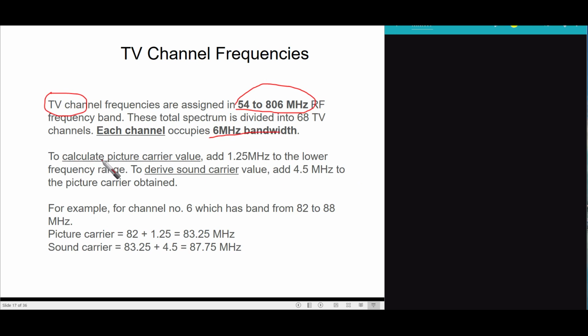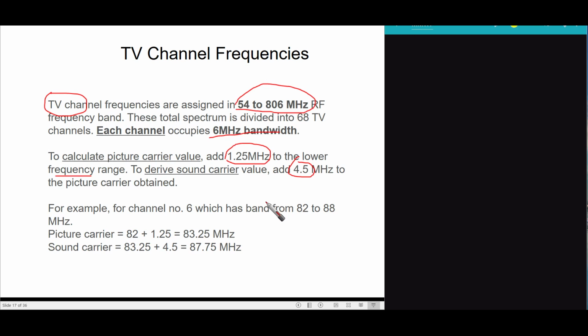Now, to calculate the picture carrier, what frequency will transmit the picture information, we add 1.25 megahertz to the lower frequency range, right? And how about the sound carrier? For the sound carrier, we add a further 4.5 megahertz to this picture carrier.